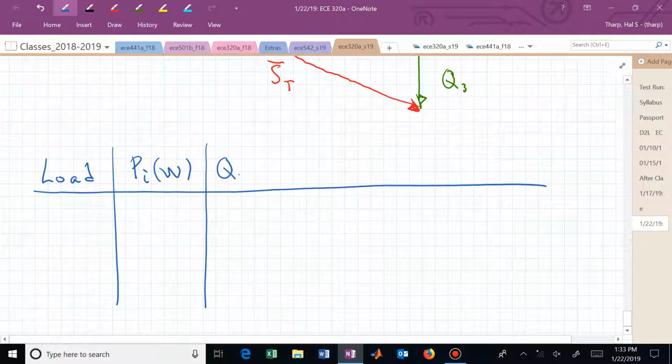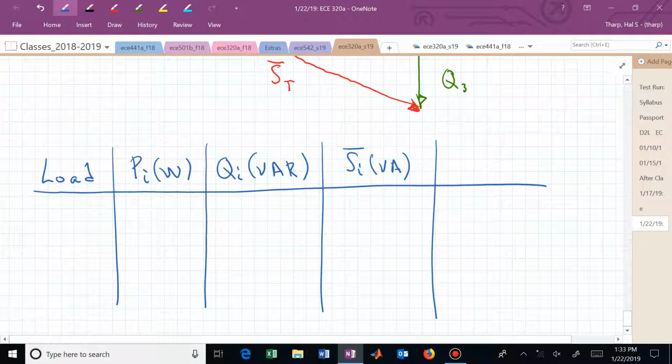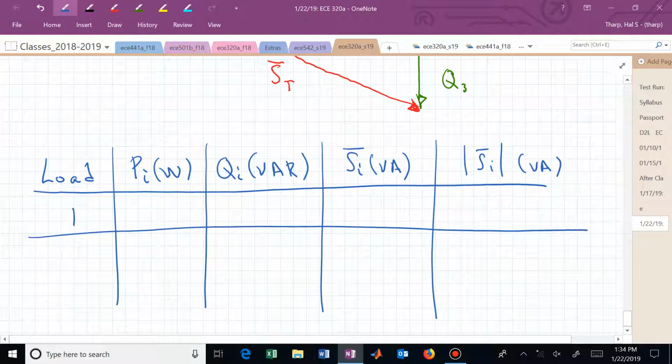We have the reactive power of each load in VARs, and we can talk about the complex power of each load, and we could even talk about the apparent power of each load. Where now for load 1, that was given as 100 and no reactive, so the complex power is 100 and the apparent power is 100.